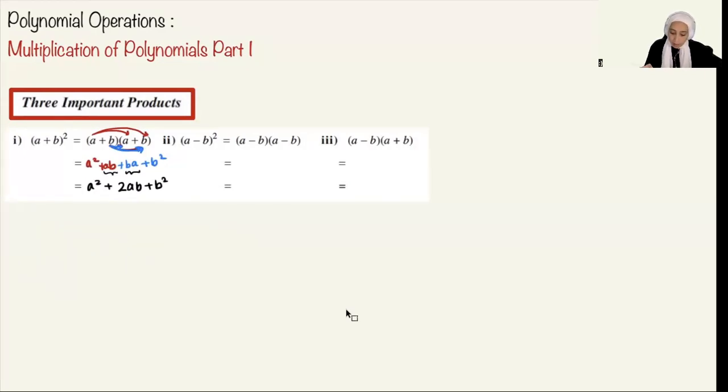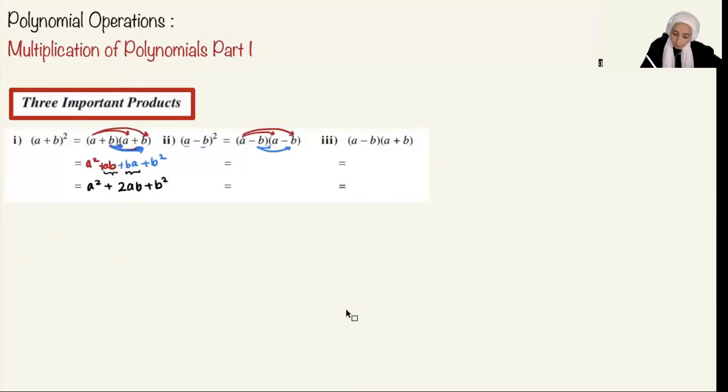Okay, all right. Now let's do the second important product, which is the square of the subtraction of two variables, or the difference of two variables. Over here, if I use distribution, I multiply a with a, a with b, then b with a, and b with b.